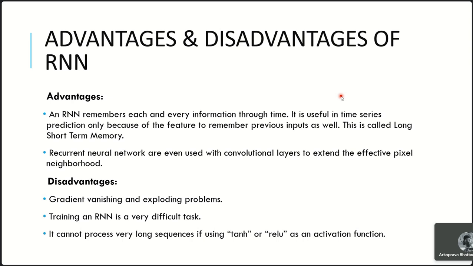So it cannot process very long sequences if using tanh or ReLU as activation functions. Let's see what these disadvantages are and how they can be tackled. The first is the gradient vanishing and exploding problem.